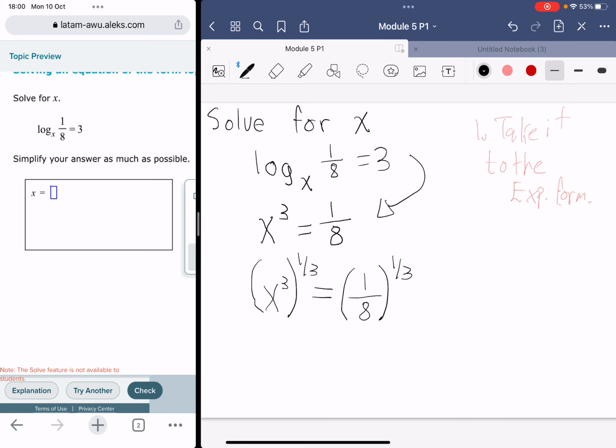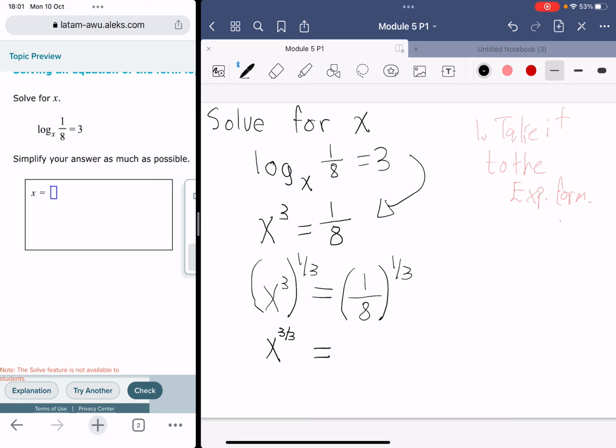Once I have done this, I can simplify. I know that x to the 1/3 is the same as x to the 3/3, which is x to the 1. Okay? So I will do that here and write this x to the 3/3 equals.